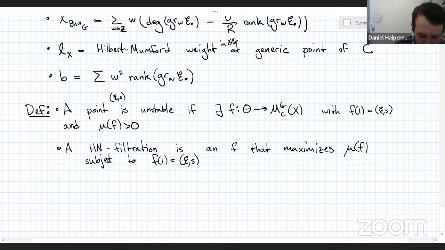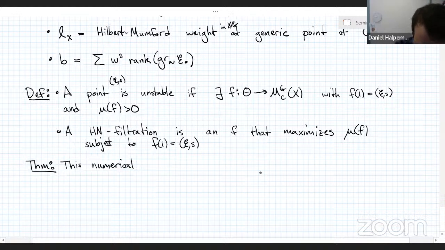So the main theorem that I'm reporting is that this numerical invariant gives that Harder-Narasimhan filtrations exist, and in fact, they define a Theta-stratification.